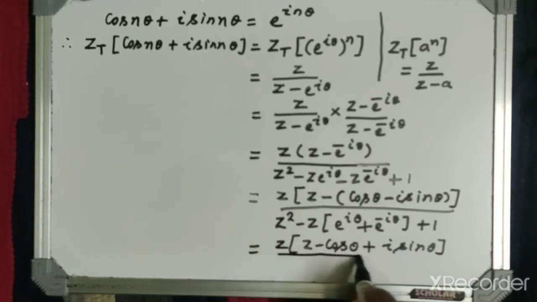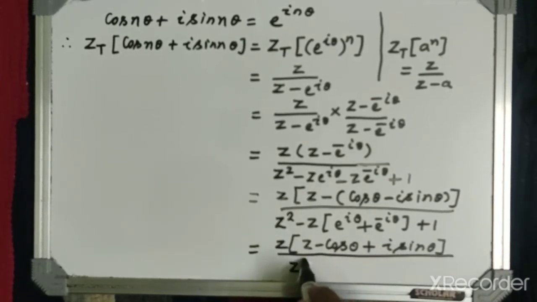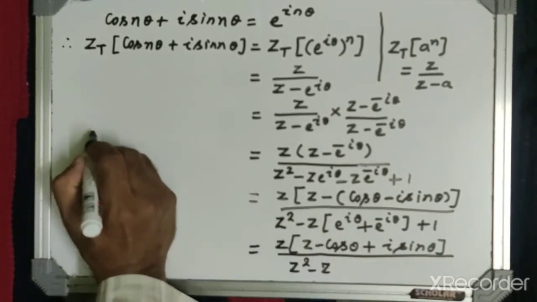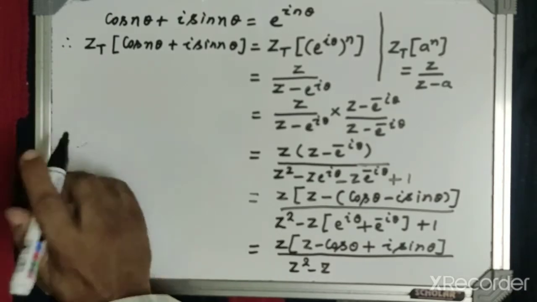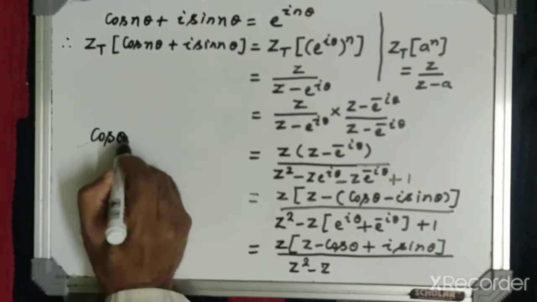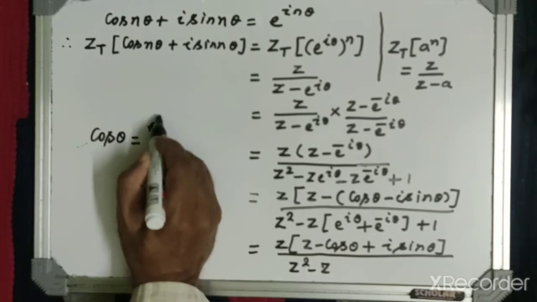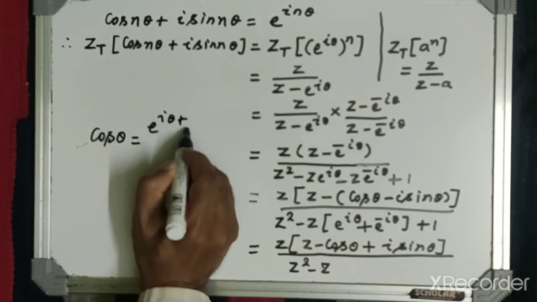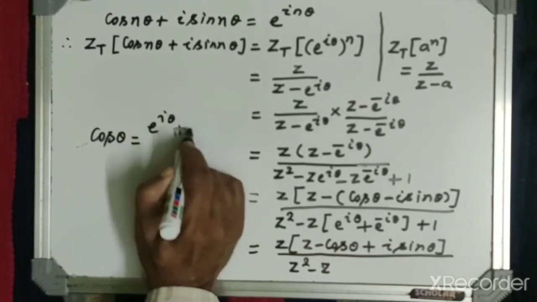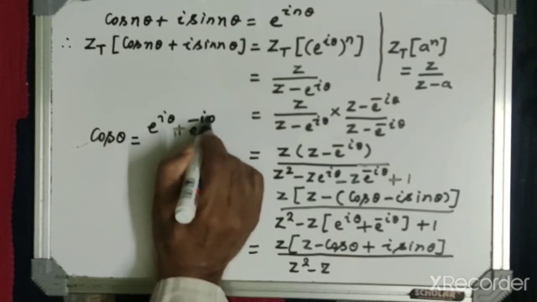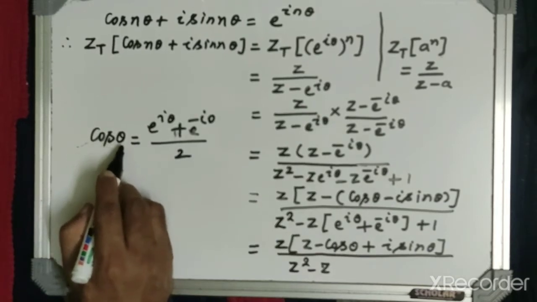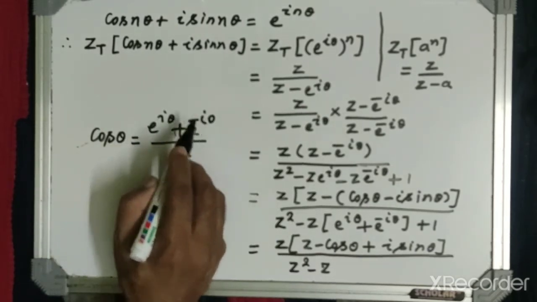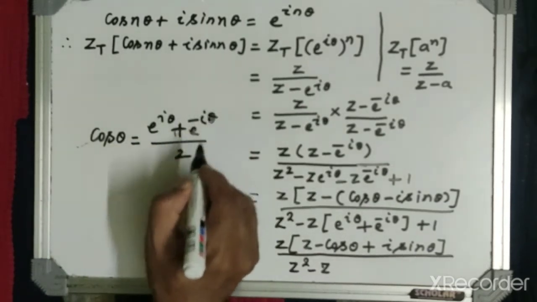divided by z square minus z into, now just recall this, cos theta is e power i theta plus e power minus i theta divided by 2.